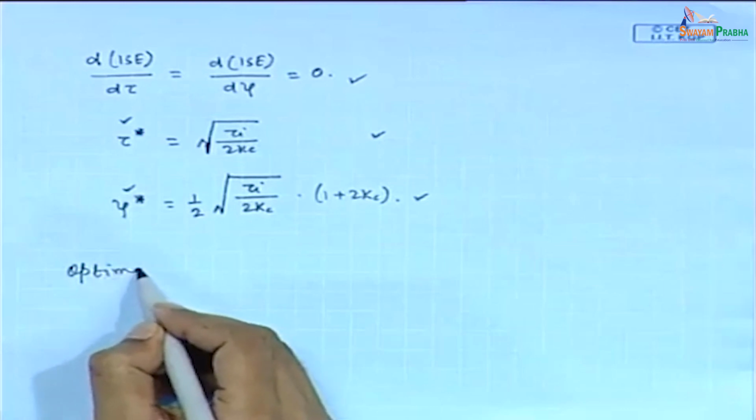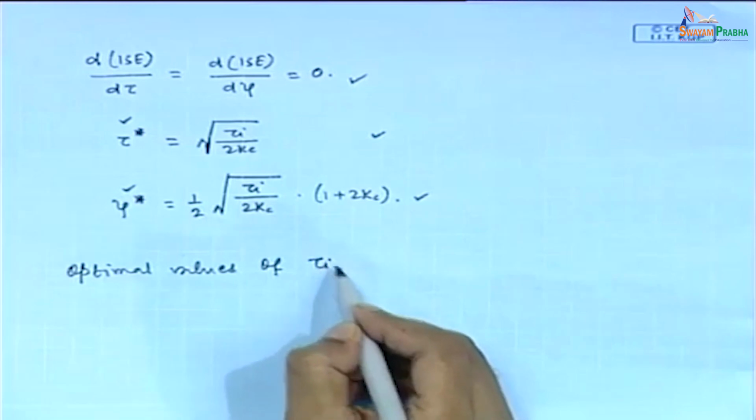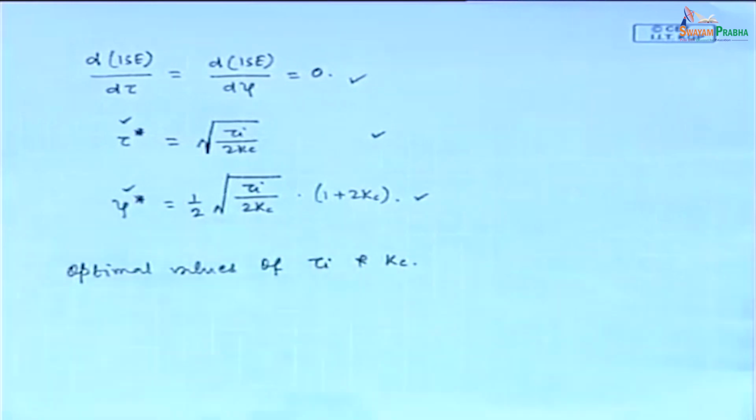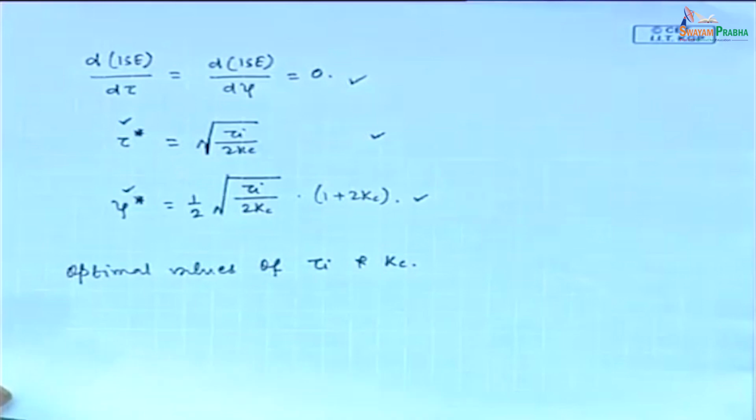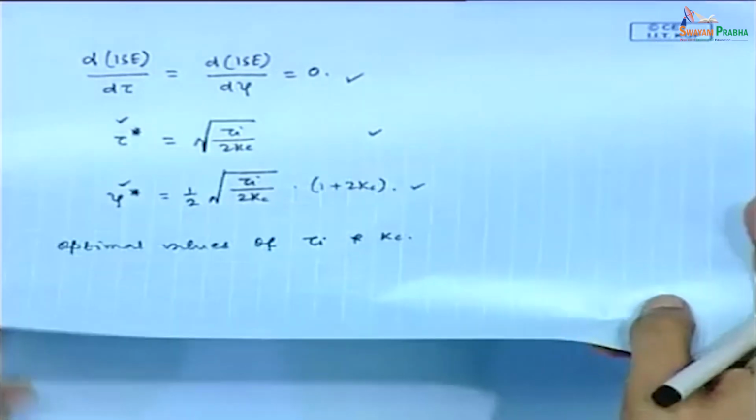So, in this way, by using the time integral performance criteria, we can obtain the optimal values of the tuning parameters. Fine. Similarly, we can consider a PID controller, we can consider other time integral performance criteria, but the approach is like this.